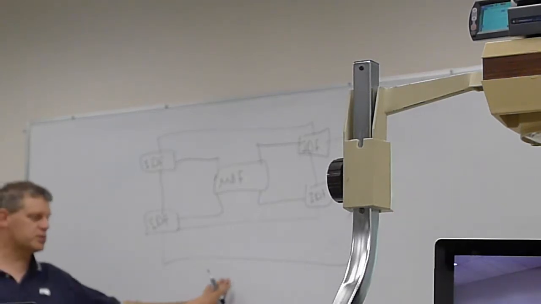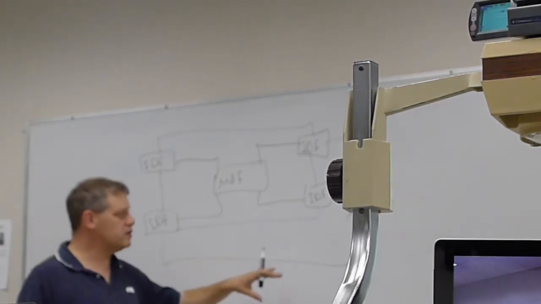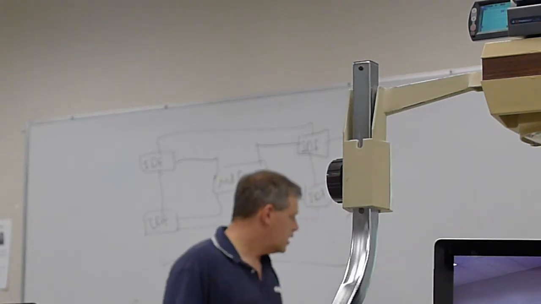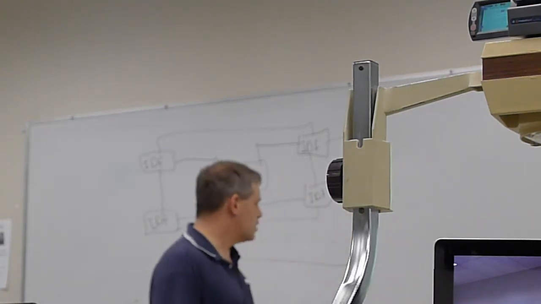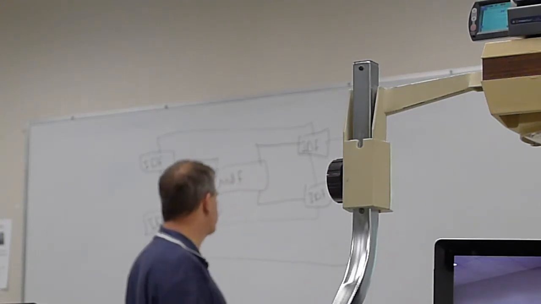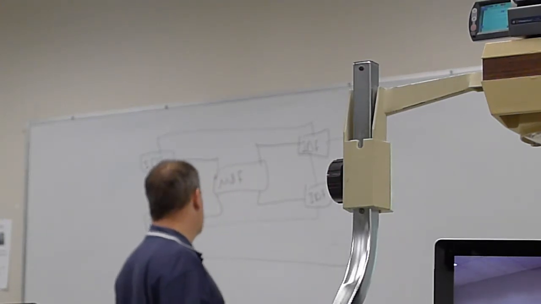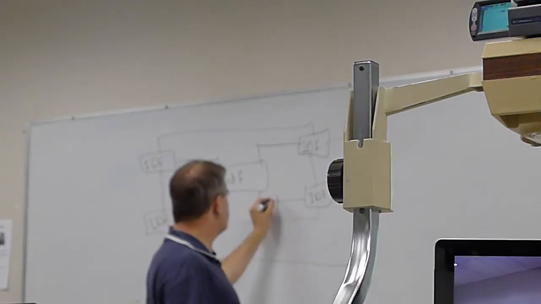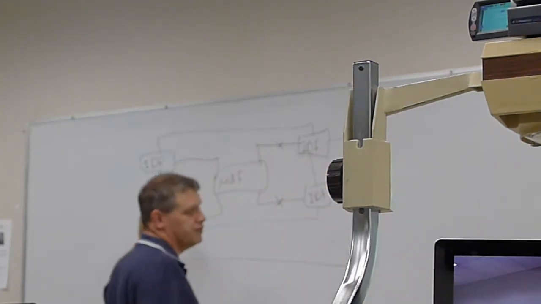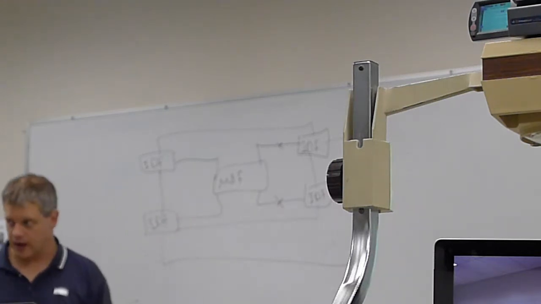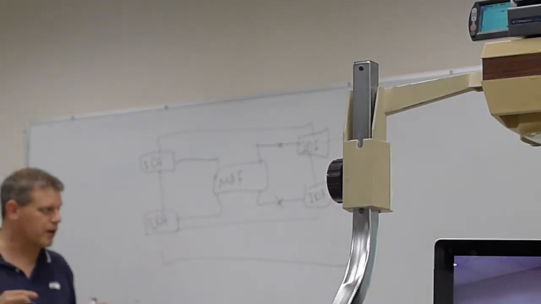Spanning tree will do this by default, but BPDU guard will help you manage this better. So if I want to, say, block these two with BPDU guard so I can use this one as my default, I can allow myself to do that. Why? I don't know, but you can.